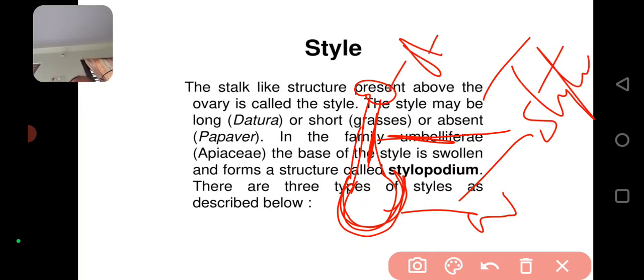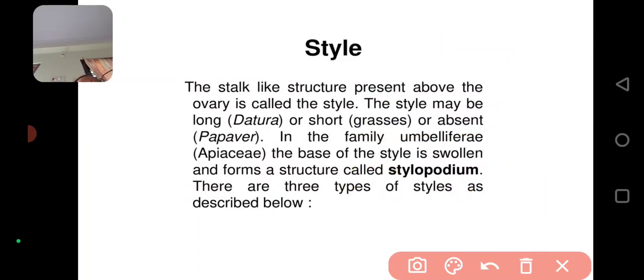This is the stigma. The style may be long in Datura, short in grasses, or absent in some species, that is Papaver. In the family Umbelliferae, also called Apiaceae, the base of the style is swollen and forms a structure called stylopodium.